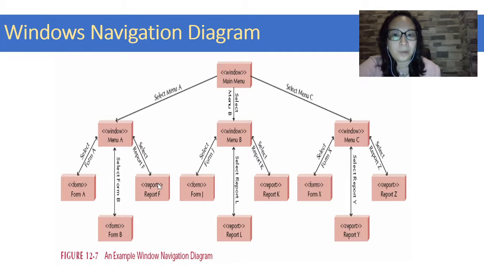For the form, for example the registration form, it goes to the form registration. But if you want to see the orders that are already done, for example the history, then it goes to the report. Okay, you can define the Windows navigation diagram here.